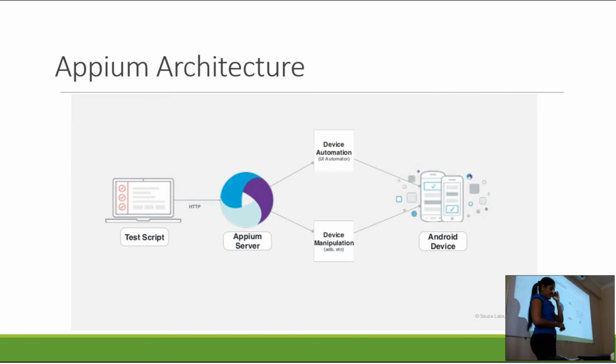And briefing about the Appium architecture, it's actually huge. I just summarized it like this, the way that I understood it. You'll be writing your test scripts in your client machine, and here's the Appium server. This would be running in your QA machine as well, from a QA perspective.